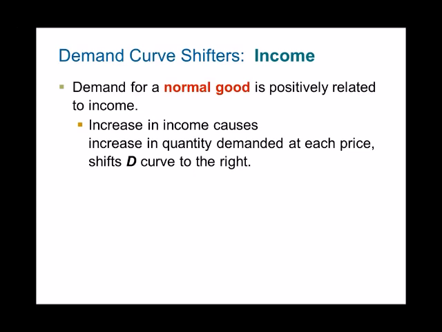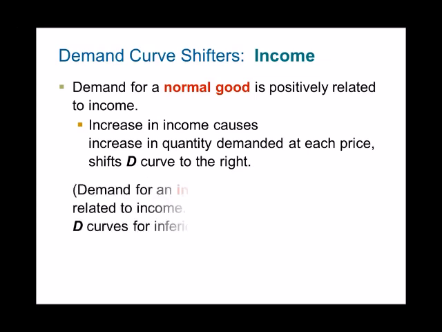As our income goes up, we tend to go out more for dinners or lunch. So restaurant meals are normal goods. If everybody's income is going up, that can cause the demand for restaurant meals to increase, and so the demand curve for restaurant meals is going to shift to the right.